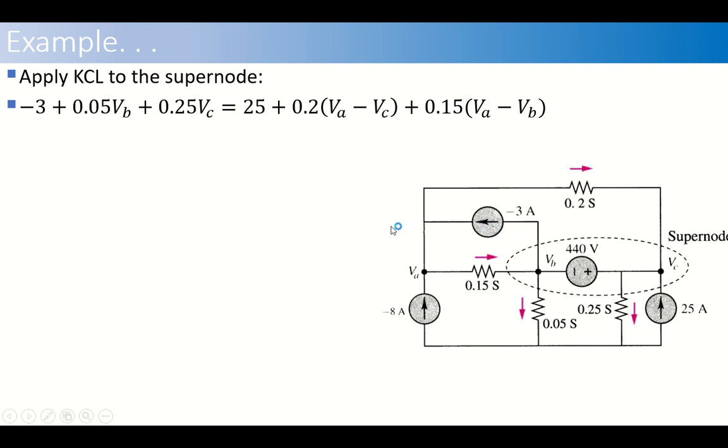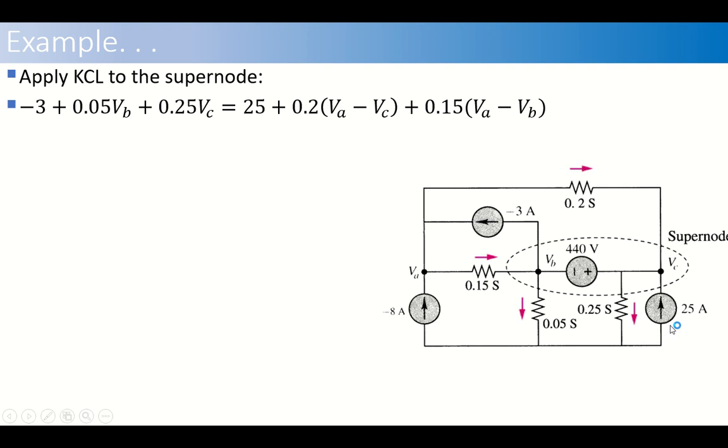So minus 3 plus another outgoing current, which is the current in the 0.05 Siemens resistance, will be 0.05 multiplied by VB. Current in 0.25 will be 0.25 multiplied by VC. That should be equal to the sum of the incoming currents.